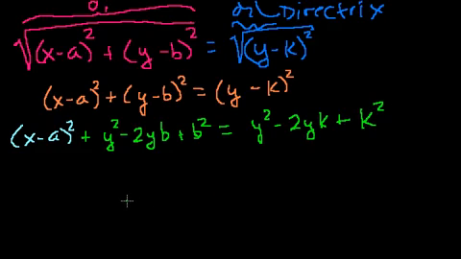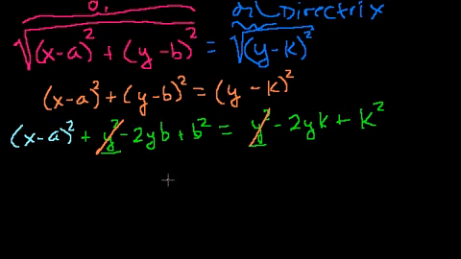And what can we do to simplify this? Well, we have a y squared here and a y squared on the right-hand side, so we can subtract y squared from both sides of the equation. They cancel out. All of a sudden, this is starting to look a lot more like a parabola, because this is now an equation that relates y's to an x squared.